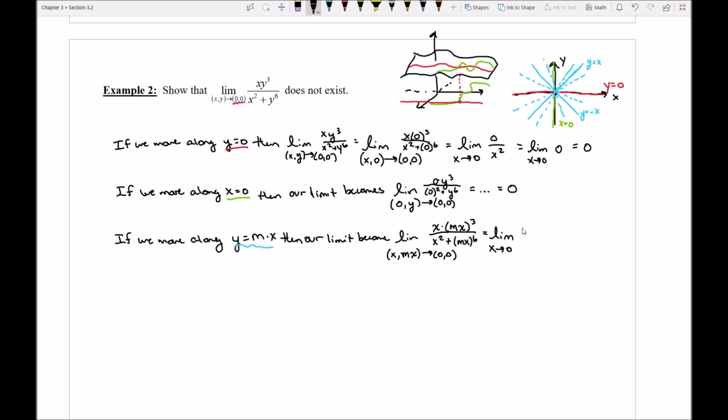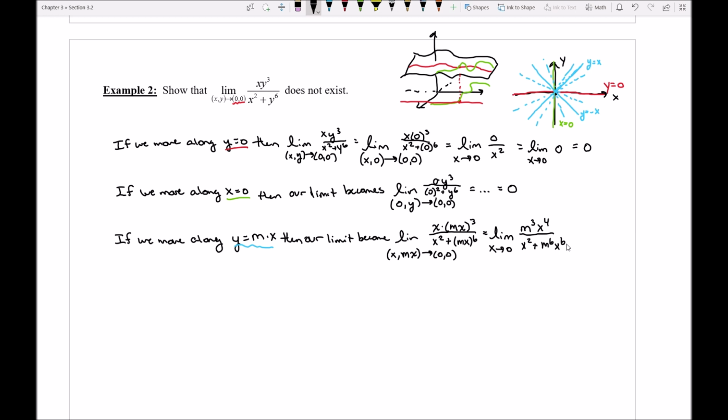And so in the numerator here, I'd have m to the third times x to the fourth when I simplify that out. And in the denominator, I'm just going to have x squared plus m to the sixth times x to the sixth. Okay, so there's a little bit of work here that I'm going to have to do to figure out what this limit is actually going to equal.